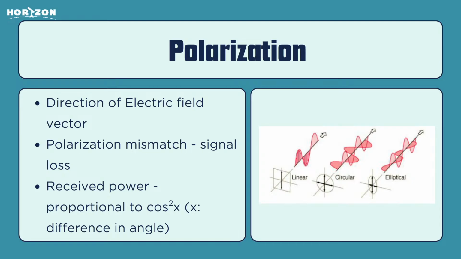As an example of signal loss that arises due to polarization mismatch, when a left-handed circularly polarized wave interacts with a right-handed circularly polarized antenna, there is no signal received. And when a linearly polarized antenna interacts with a circularly polarized signal, it always results in a 3 decibel loss.